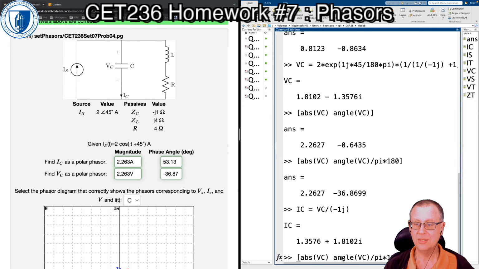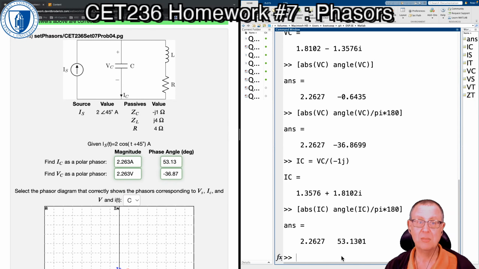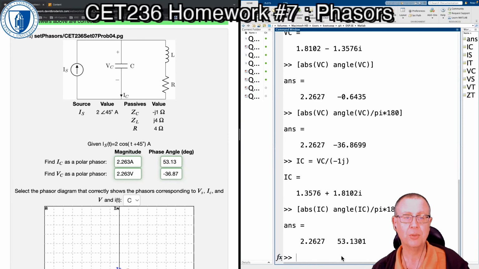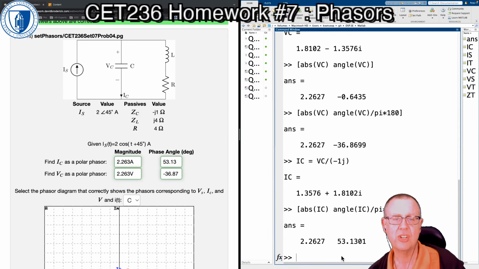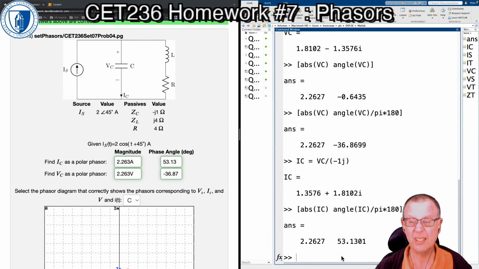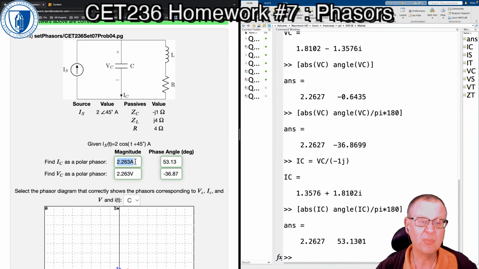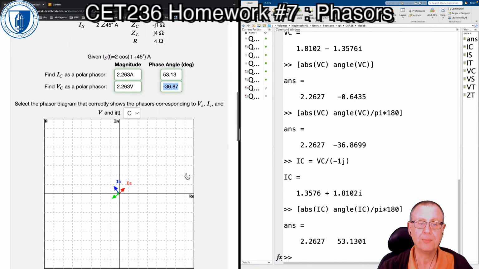And then we can just change that over. So it should be virtually the same numbers, except this time the angle is 90 degrees different, right? Because we're dividing by minus 1j. So the magnitude is the same, but in amps, but the angle should be different by 90 degrees.